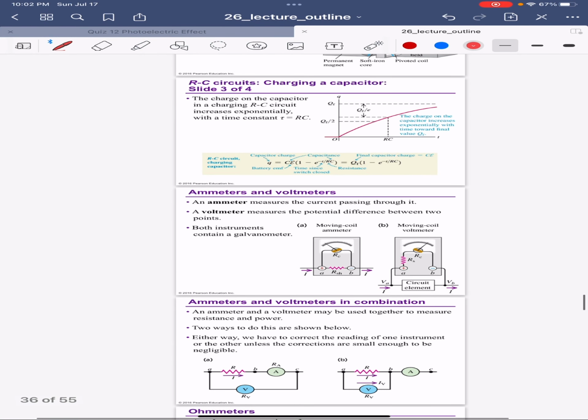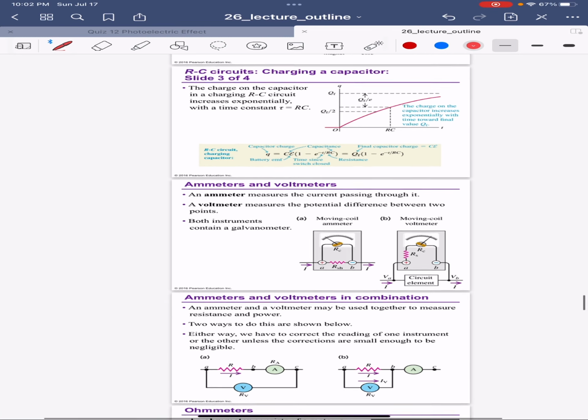Ammeters and voltmeters: the ammeter measures the current passing through it, and the voltmeter measures the potential difference across a resistor. Both instruments contain a galvanometer inside.